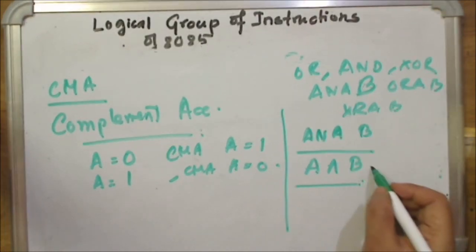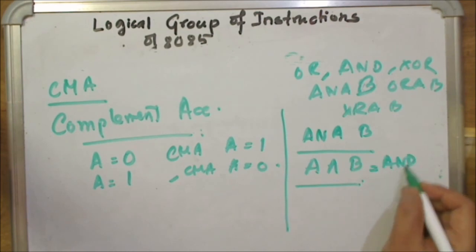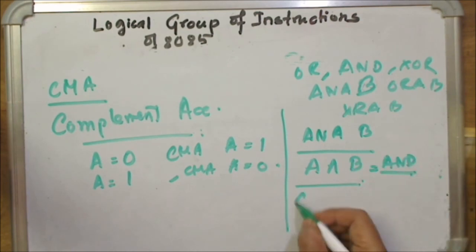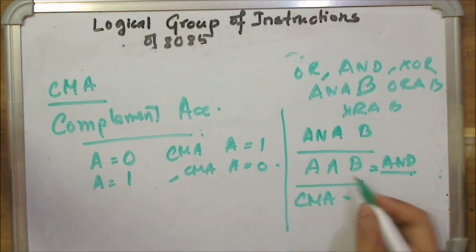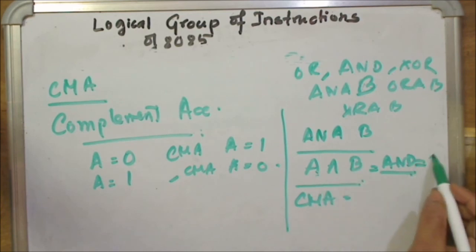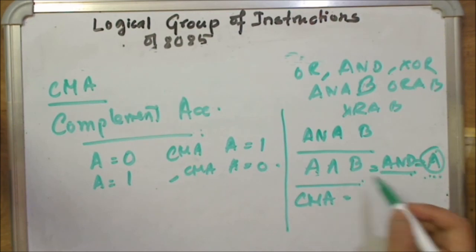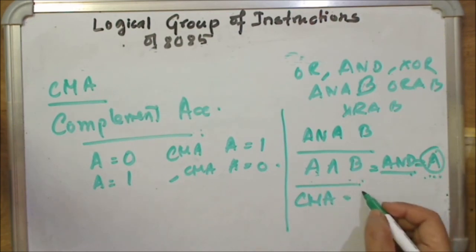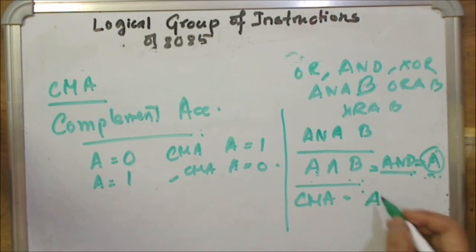So you are getting the AND operation here. Then if you write CMA after this AND operation, where the result is stored in A, you are getting the AND result of A and B. Whatever result is there in A will be complemented, that is A bar.